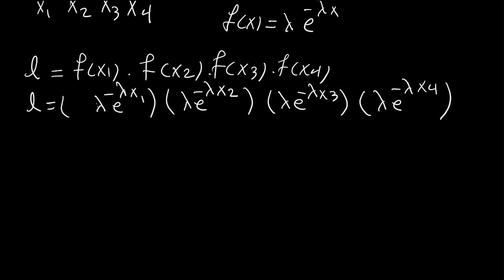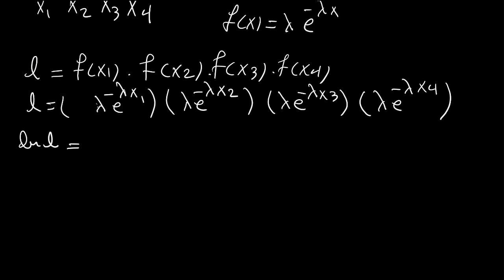The next step, I want to take the natural log. So the natural log of L equals the natural log of the product of these 4 functions. Based on the properties of the natural log, the natural log of this term is the natural log of lambda plus the natural log of e to the negative lambda x1, and then you can simplify it.